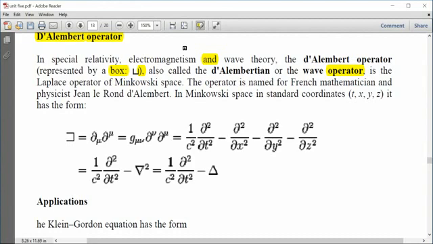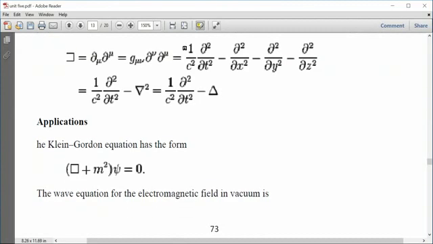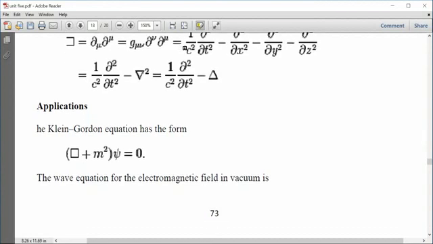I'll go straight to this last formula: it is the second derivative with respect to a variable, which in most cases is t, times the inverse square of the speed, let me call it c squared, then minus this operator.